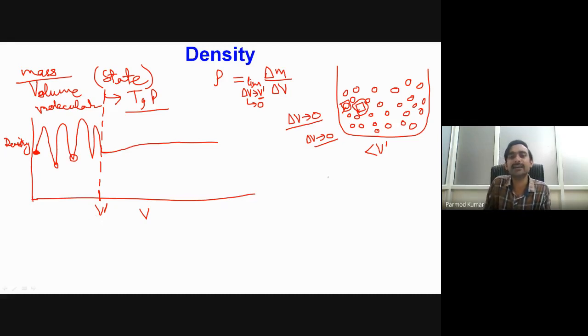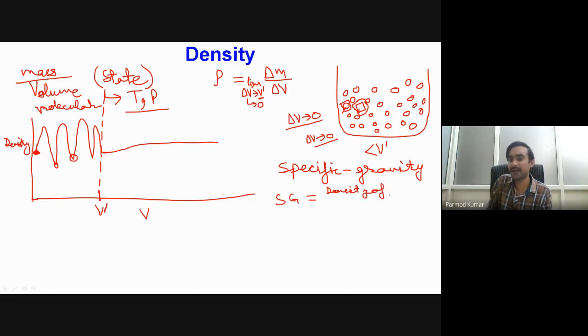Then density in another form is represented with the help of another quantity known as specific gravity. Specific gravity, Sg, is defined as the density of our fluid divided by the density of a reference fluid.